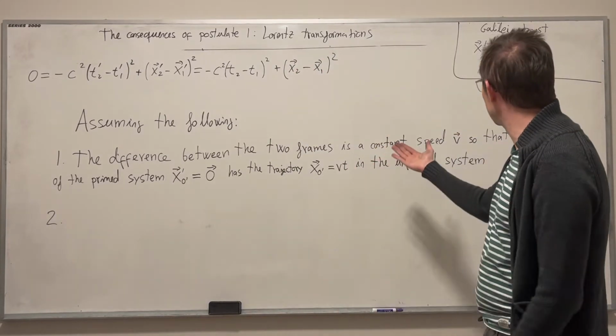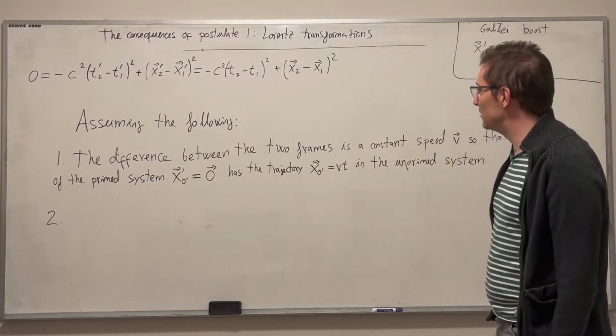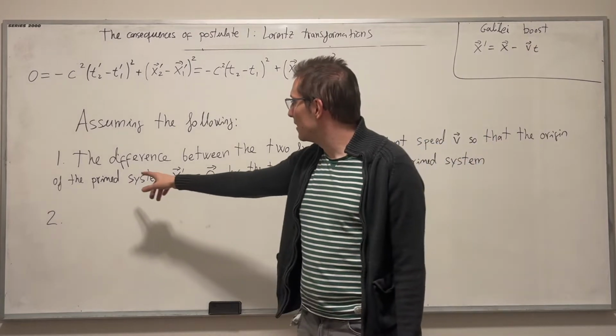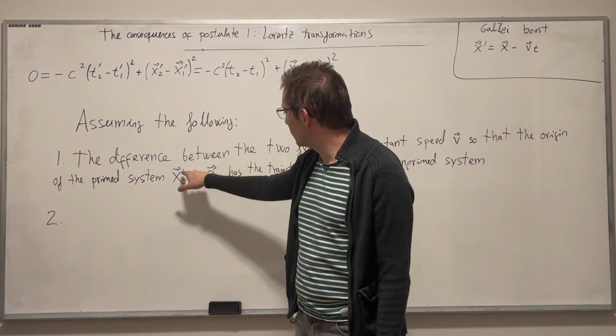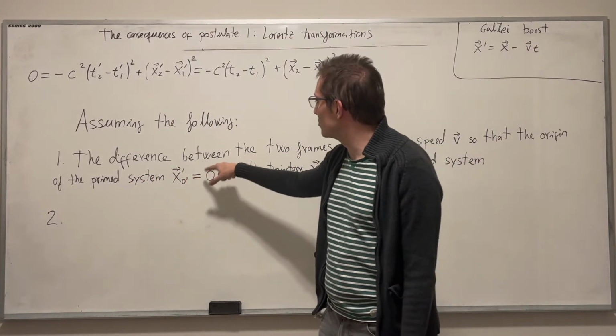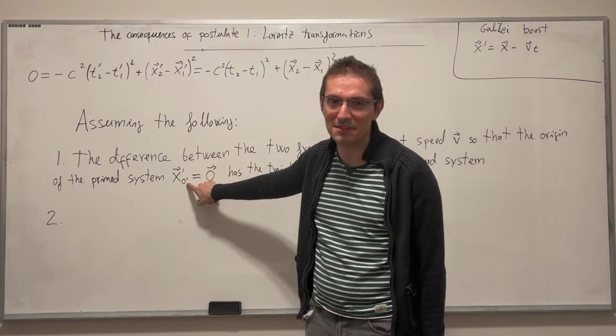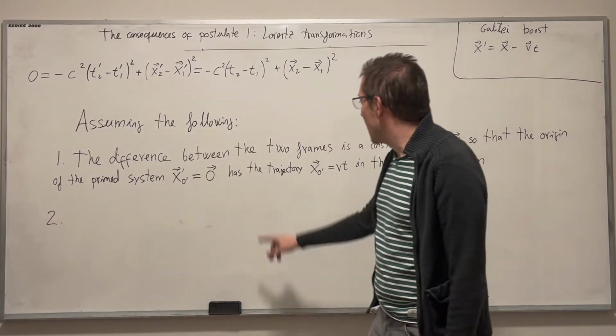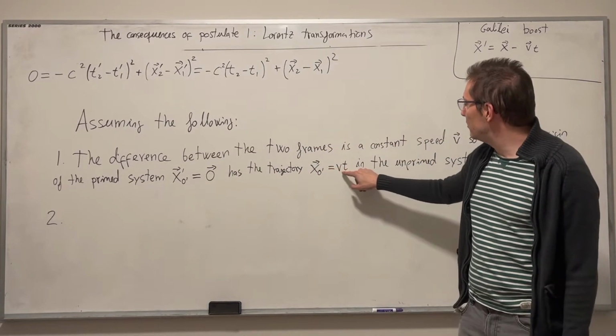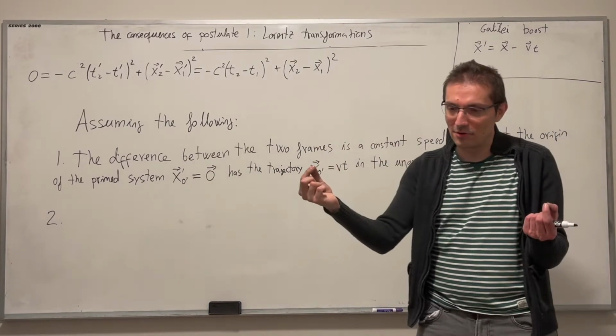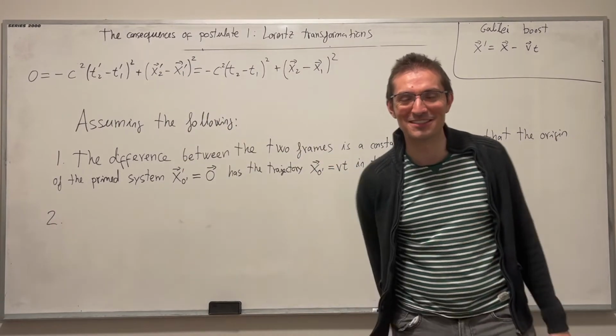So let's simplify and assume that the only difference is some speed v, and that means that the origin of the prime system, which is the vector 0 in the prime system, has the trajectory vt in the unprime system, right? The center of the reference frame is moving in the car. That's what it's basically saying.